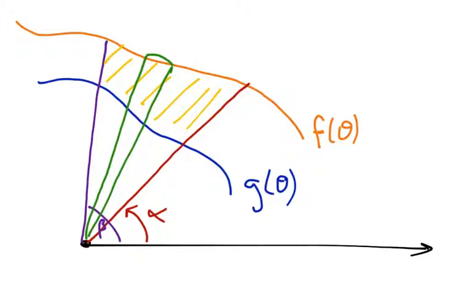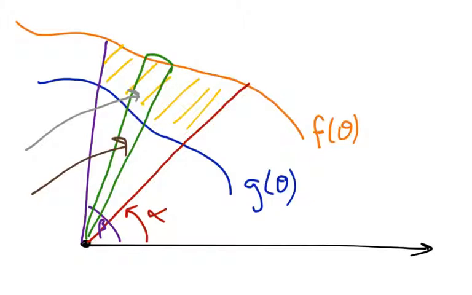But here, the key thing is that I don't want the area of the entire sector. I only want the area of this portion of the sector over here. So in order to find it, I'm going to take the area of the entire little sector that would approximate the whole region, and subtract from it this region over here.